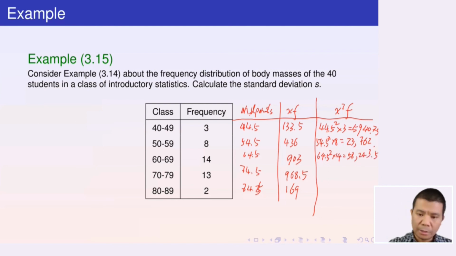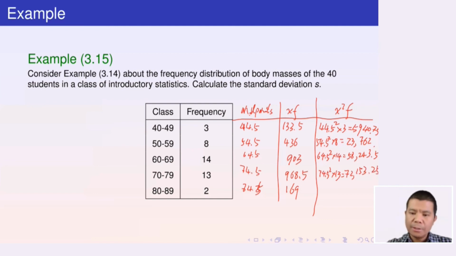And this is 74.5 squared times 13, which is 72,153.25.